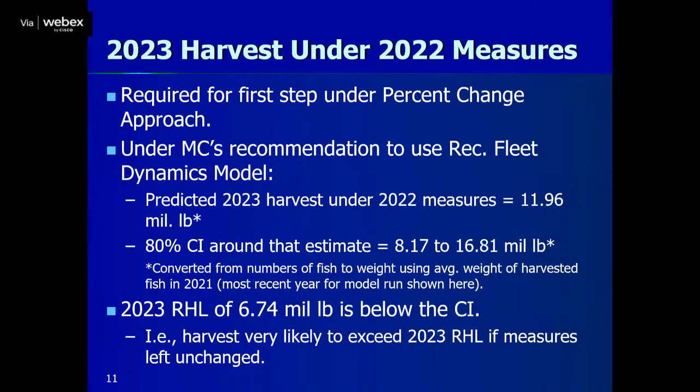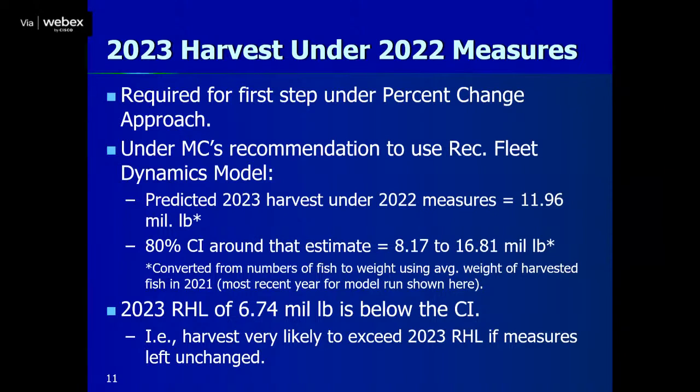Again, the models were used to go through the first step of the percent change approach process, which is to come up with your estimate of expected harvest next year if you leave this year's measures in place, and the confidence interval.